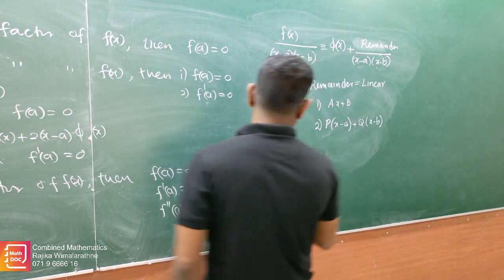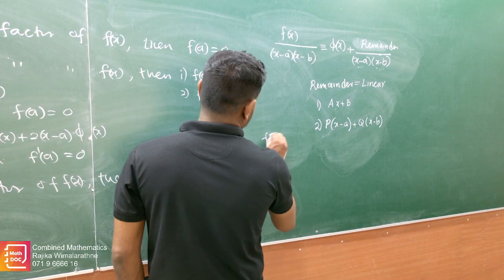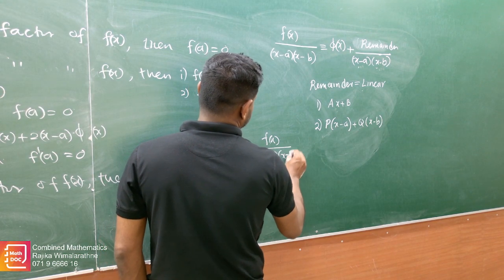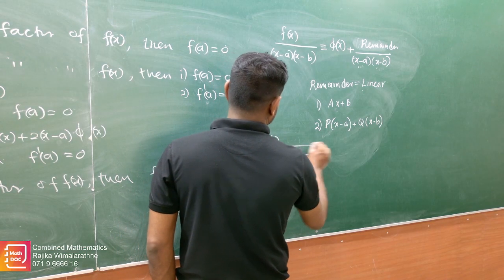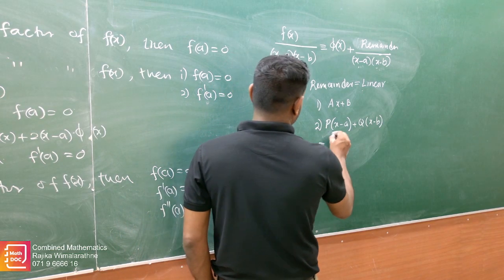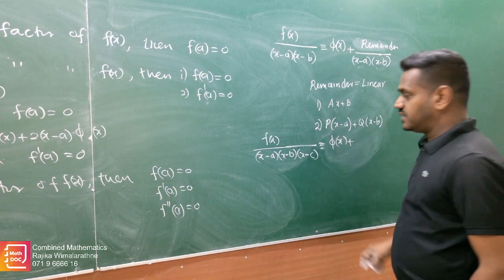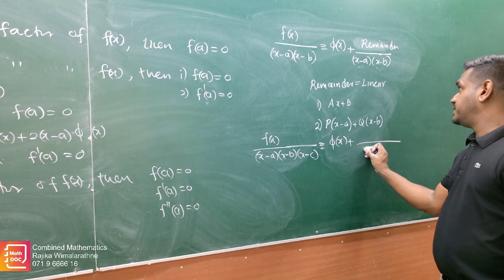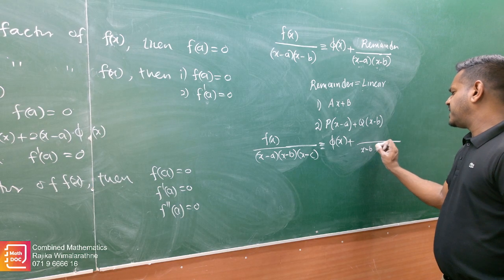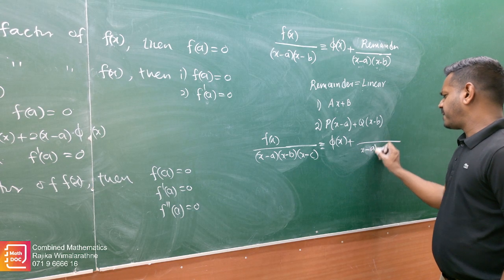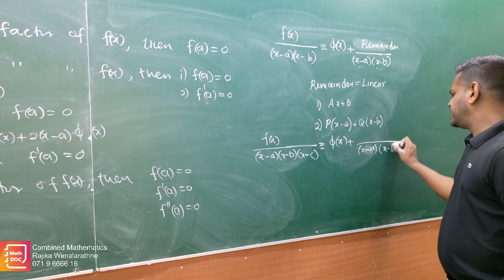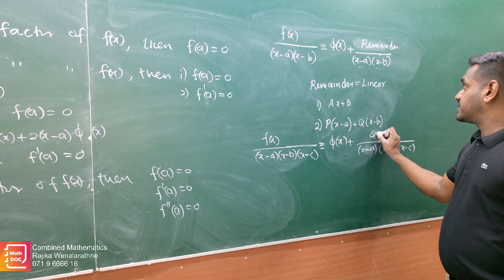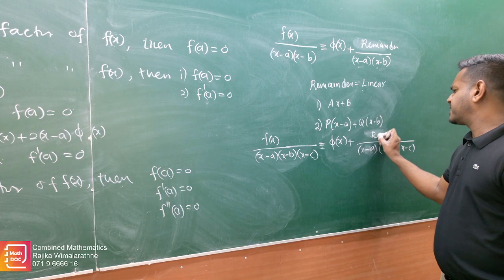Then further, when f x is divided by (x minus a)(x minus b)(x minus c), there will be a quotient. The divisor will be cubic, so the remainder will be quadratic.